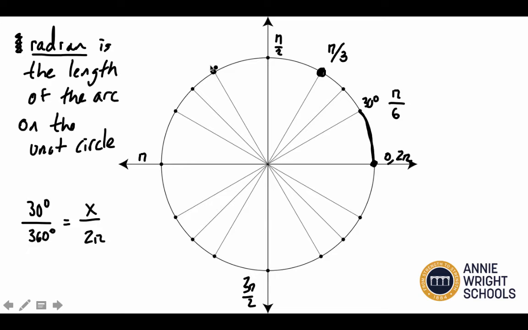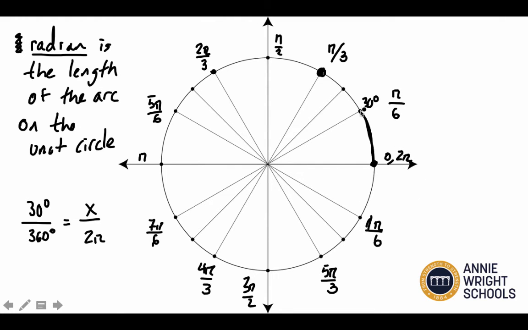I'll add it again and get 4 pi over 6, which reduces. I'll add it again and get 5 pi over 6, 6 pi over 6, 7 pi over 6, 8 pi over 6, 9 pi over 6, 10 pi over 6, 11 pi over 6, and 12 pi over 6.